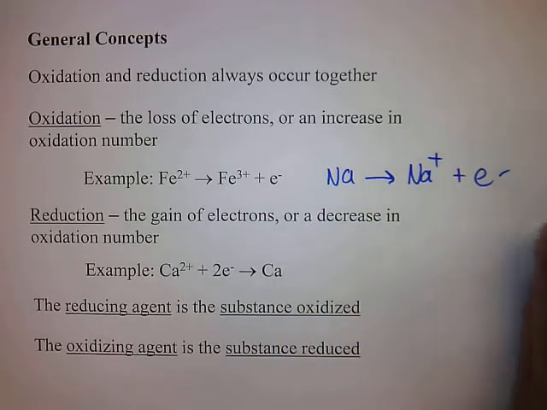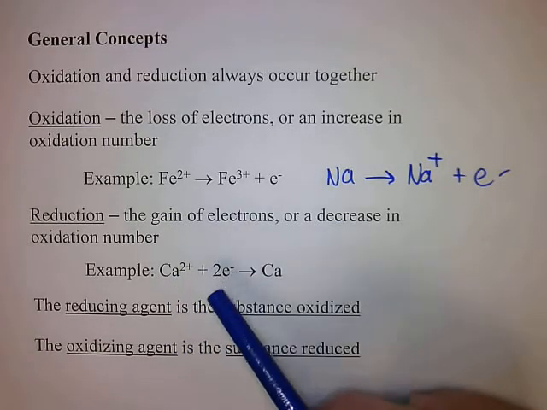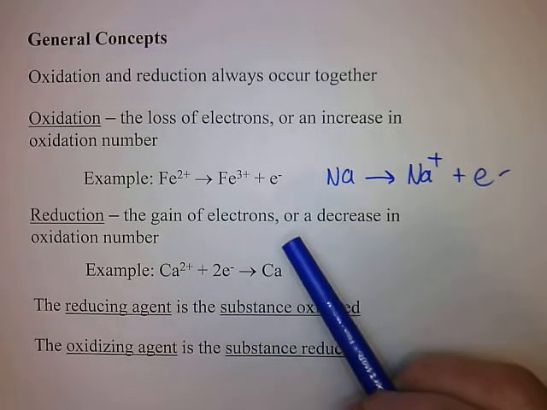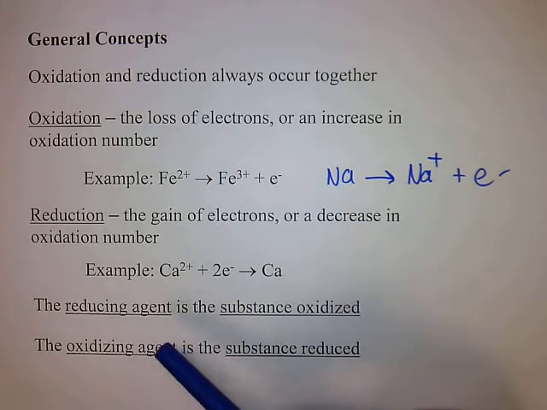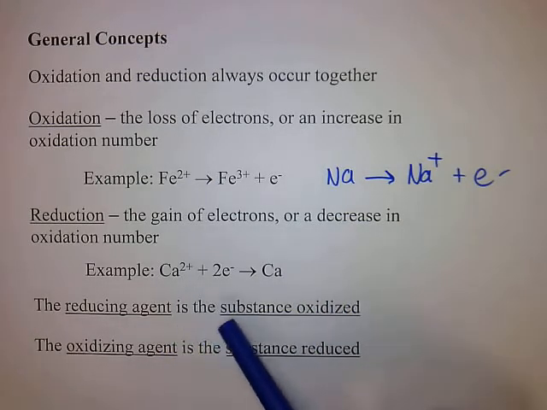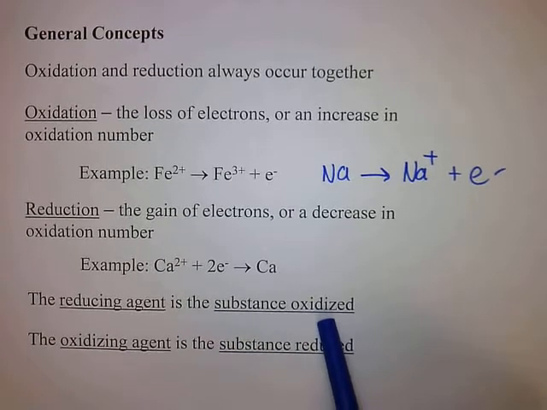So a redox reaction is always a combination of an oxidation and a reduction. Because, one more time, the electrons that are being consumed in a reduction reaction are being liberated in an oxidation. So the reducing agent is the substance that is itself oxidized.